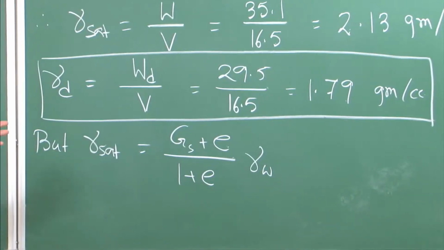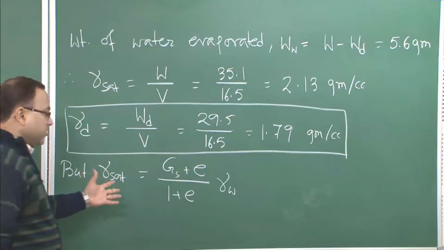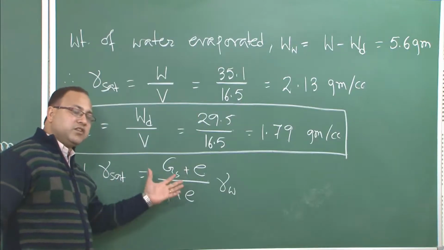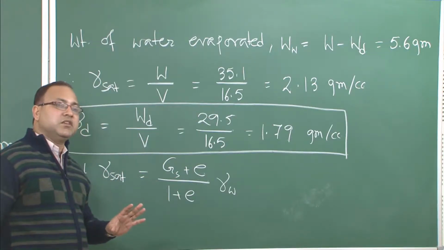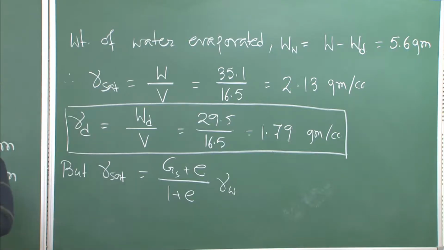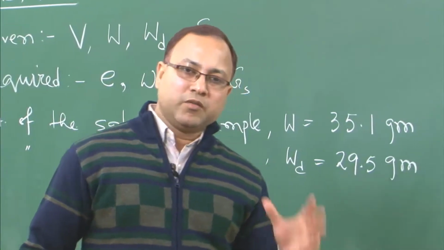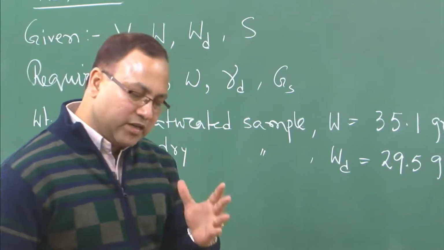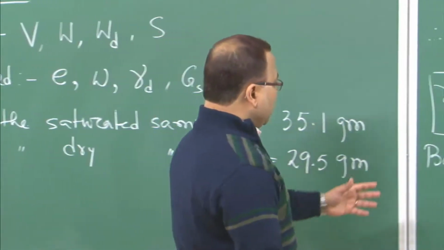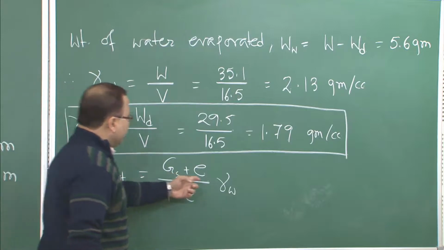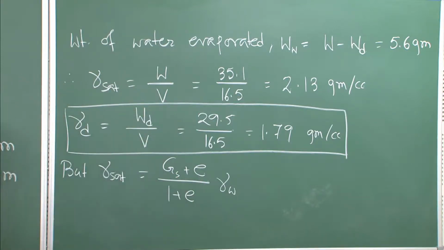This can be derived from the basic definitions. That derivation I am not going into in much detail. You can get it from any textbook or from the basic definitions whatever we have covered. So, the gamma saturated is given by this.